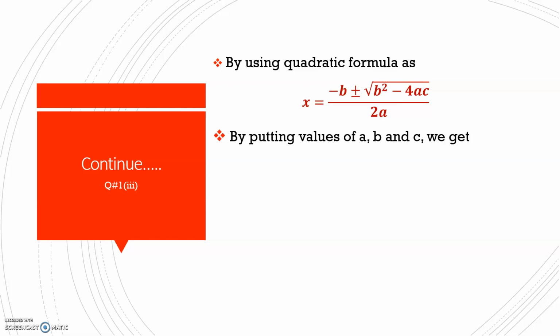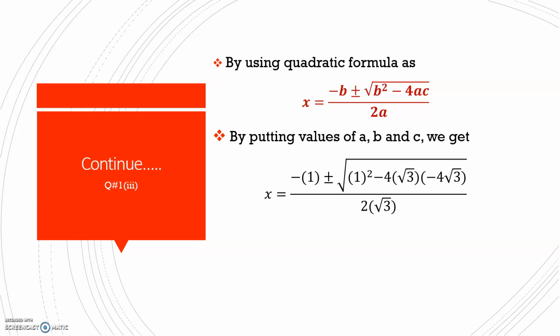By putting values of a, b and c, we will get x is equal to minus 1 plus minus square root of 1 square minus 4 into, as you know that the value of a is square root of 3 into c, and the value of c is minus 4 into square root of 3 over 2a, and the value of a is square root of 3.